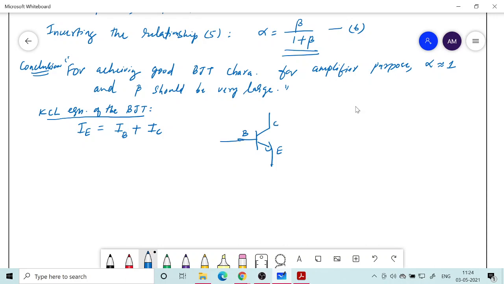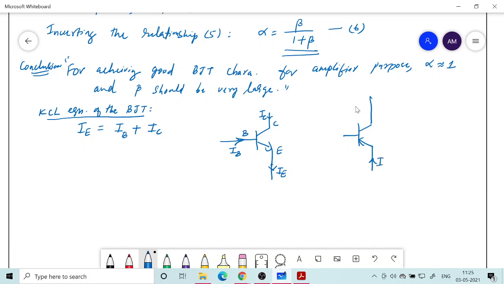So the emitter current is like this, the base current is like this, and your collector current is like this. You can see that the sum of IC and IB is equal to IE.